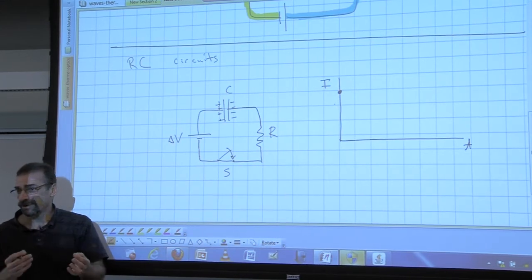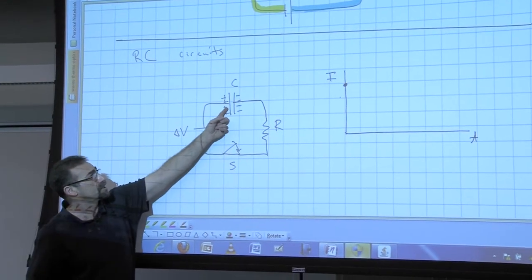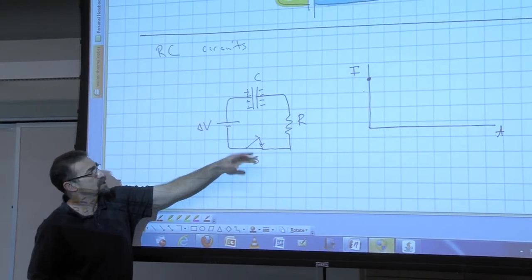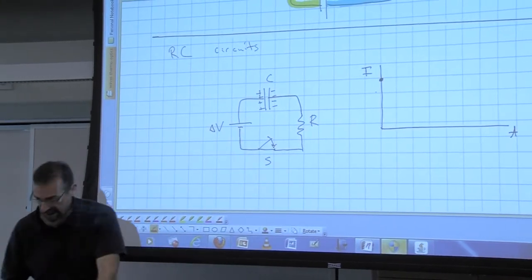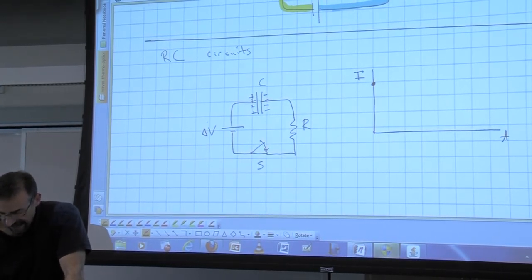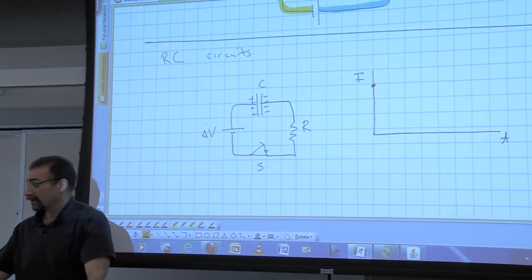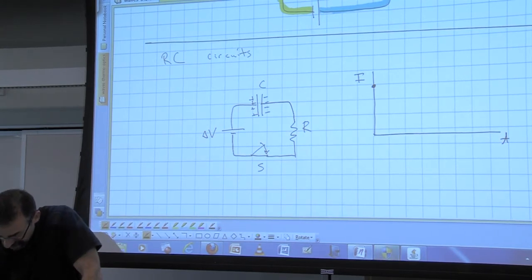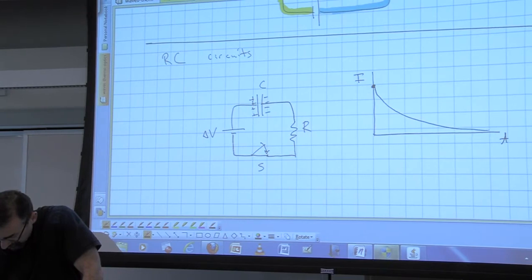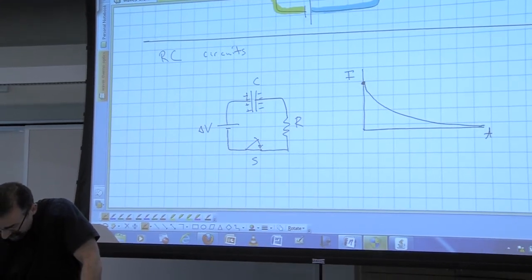Q equals 0 for that capacitor at time 0, we close the switch. Charges start to flow. So we get a big initial current in this circuit. And then as the capacitor builds up charge, the current slows down, and eventually it goes to 0. Right? At time equals infinity, it goes to 0.